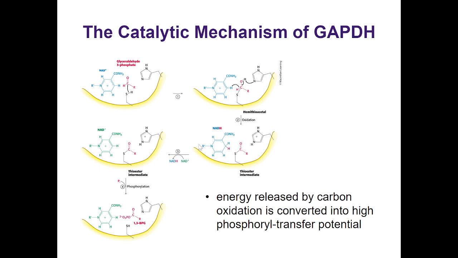We have our thioester intermediate. We've swapped out the NADH, which is carrying electron density now, for the NAD+. And so the next part here is going to be taking an orthophosphate, and we're going to form that phosphorylation. That will give us our product. Notice that does break the thioester, and that does make it a more energetically favorable reaction than it would normally be.